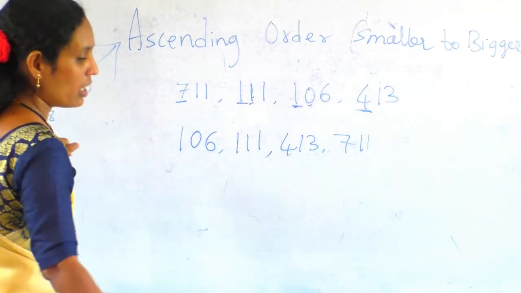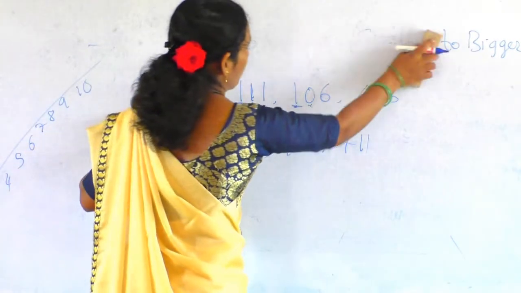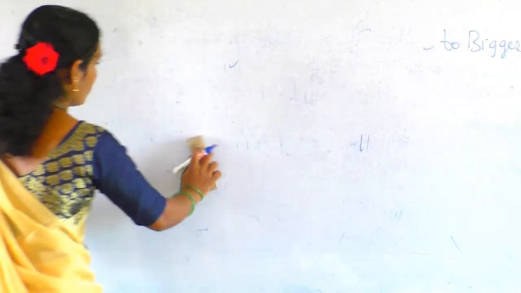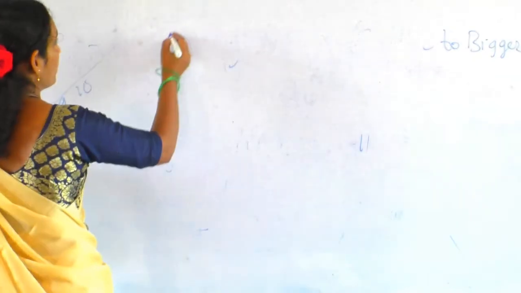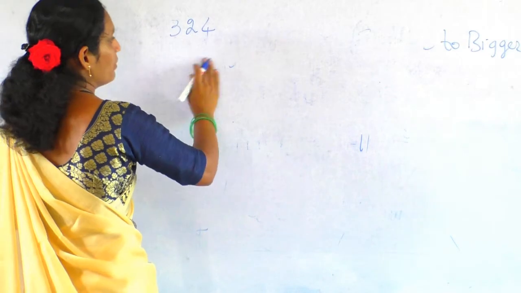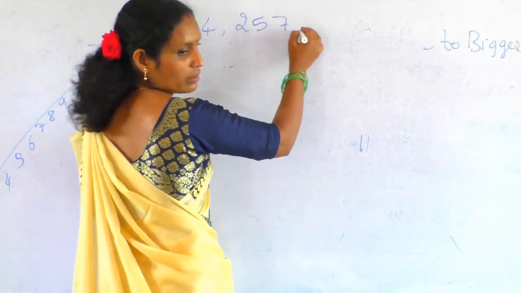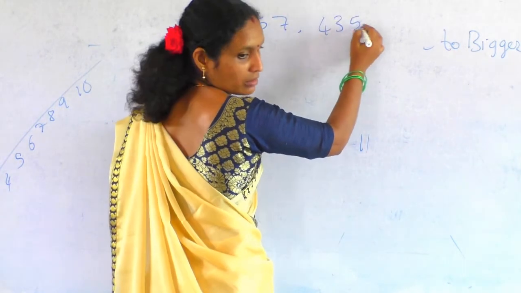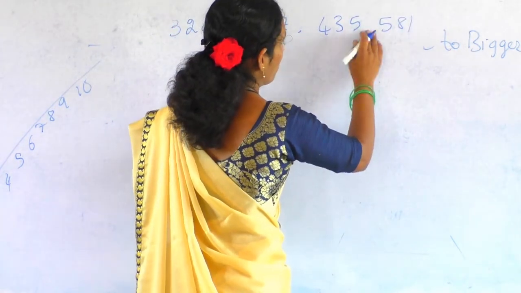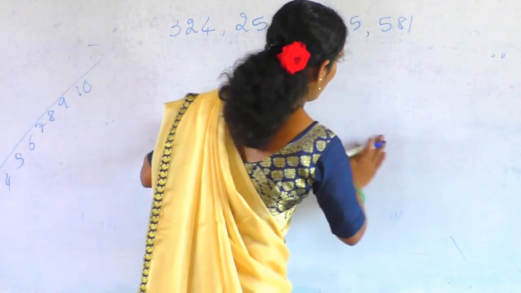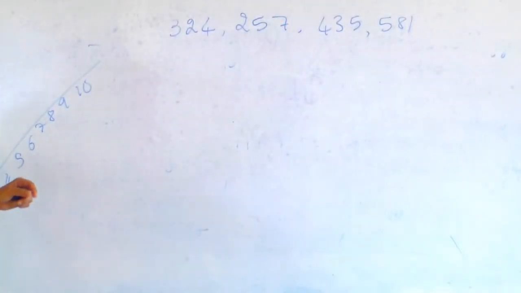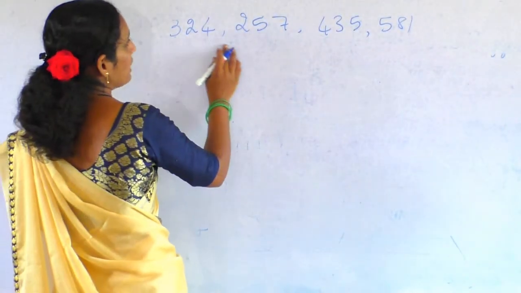So I will give you another example. You see, 324, 257, 435, 581. Write these in ascending order.